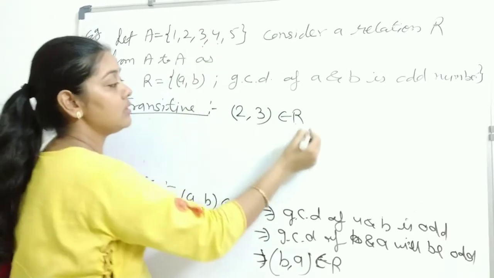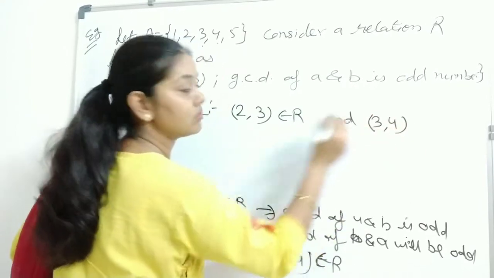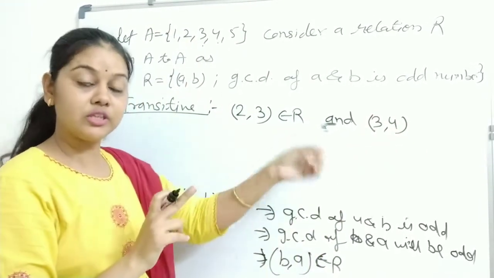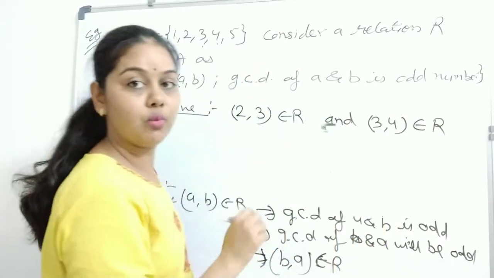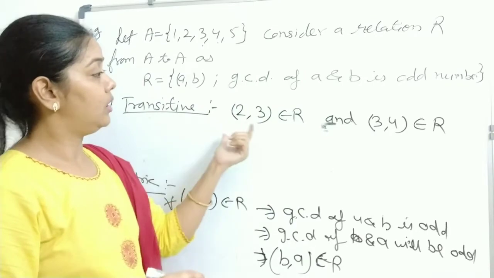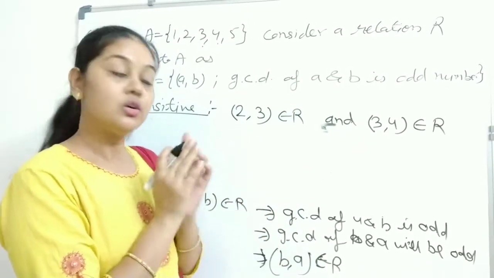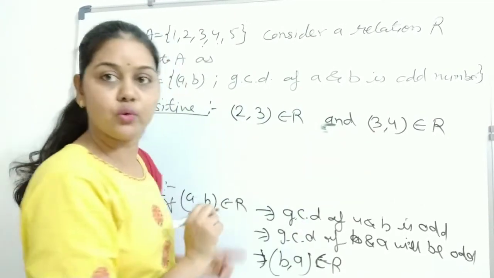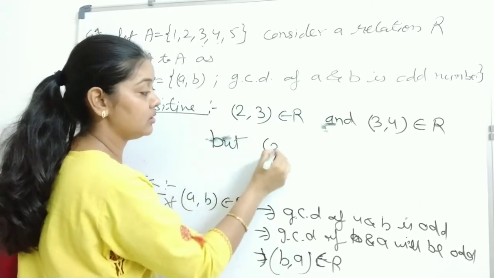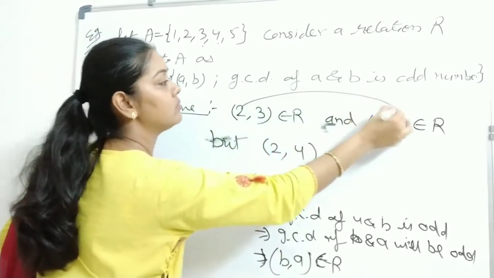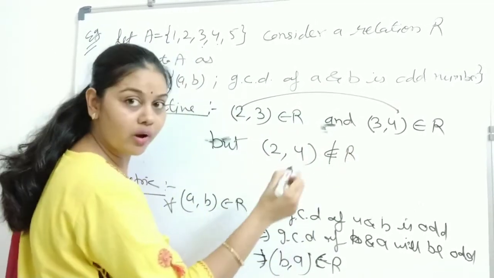Now, check for 3 and 4. The greatest common factor is again 1. That also belongs to R. Now these two elements belong to our relation, so we must have (2, 4) in R. But (2, 4) does not belong to R. Why?